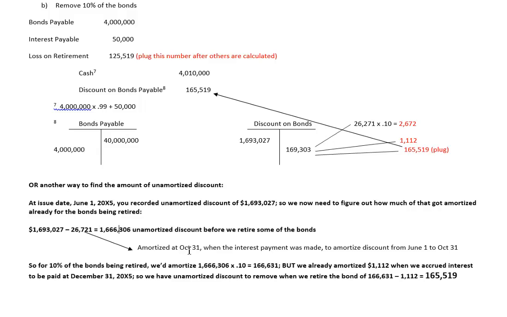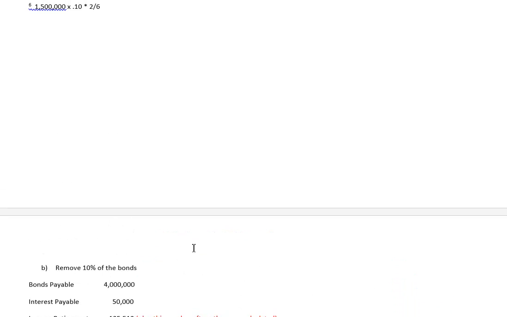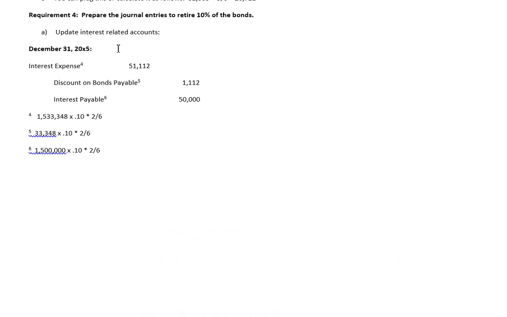Now don't forget, we retire the bonds after October the 31st, right? We retire 10% of the bonds when? We decided to retire on December 31st. So what we need to do is from the last date we recorded interest, which was October 31st, the first thing we need to do, the first step in the retirement, is to update all of the interest accounts, including the discount, for the 10% of the bonds we're retiring.